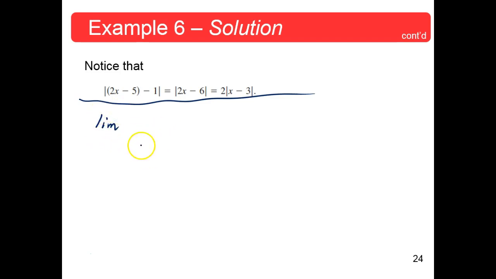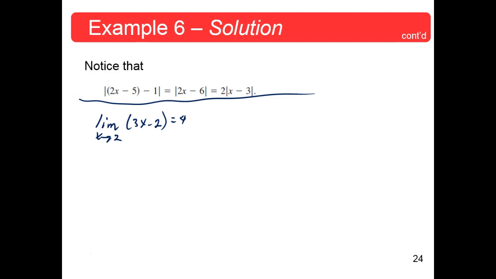as x approaches 2 of 3x minus 2 is equal to 4. Okay? Now this time they don't give us, you want it within such a tolerance, you might say.